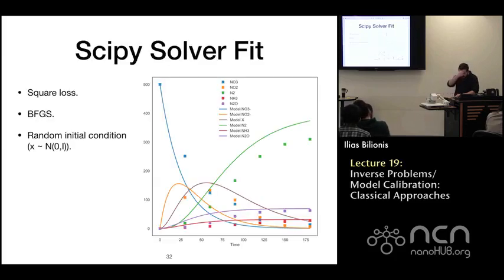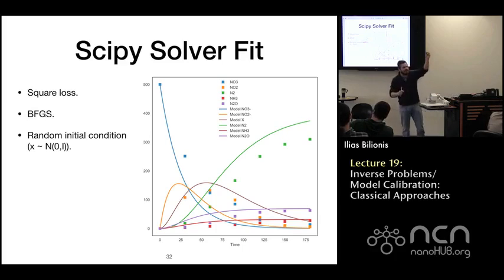All right, so now you program it, and this is what we have on the handout, so you're going to be able to see it there. And I haven't programmed the derivative of F with respect to X. And I'm using the square loss, BFGS, and a random initial condition for the optimization. Random initial parameter, let's call it. So all these optimization algorithms, they start at an initial point, and then they move it around using the information from the derivative.